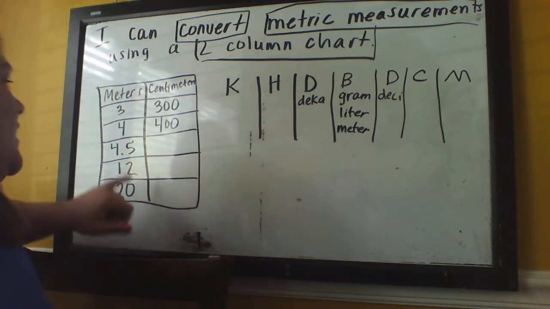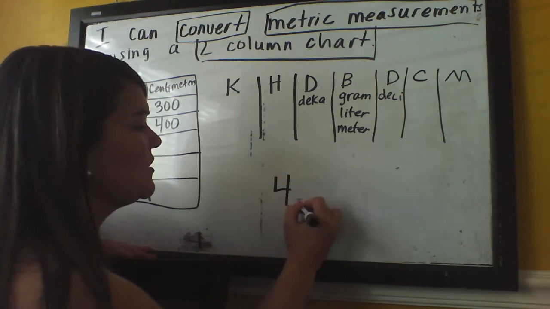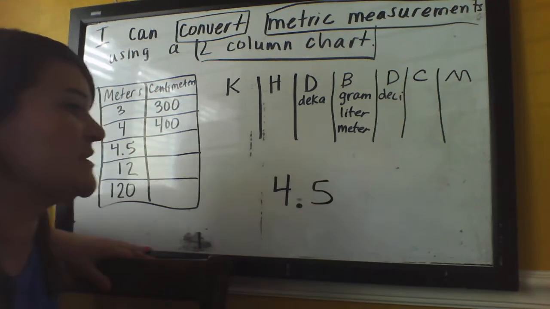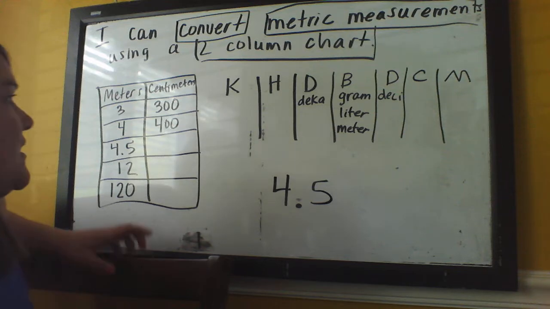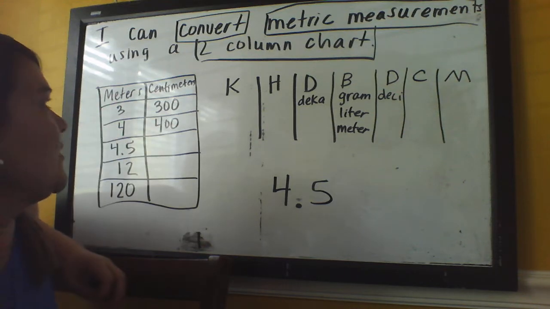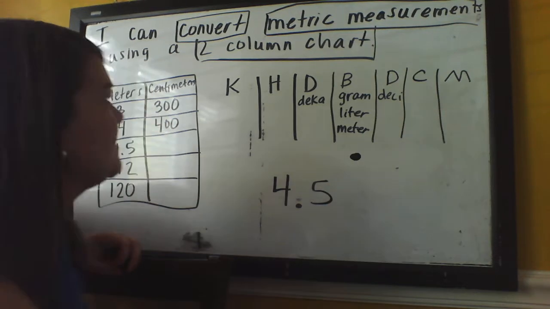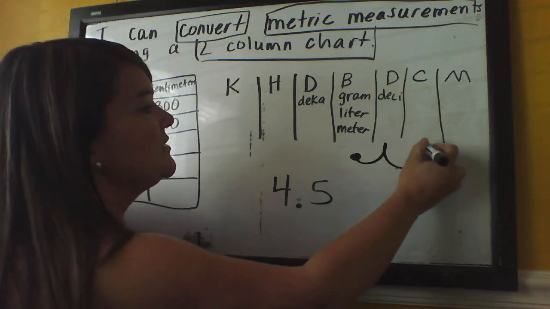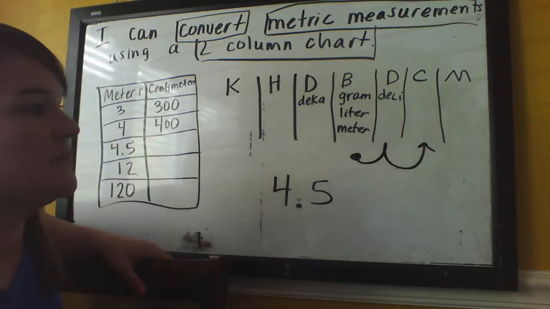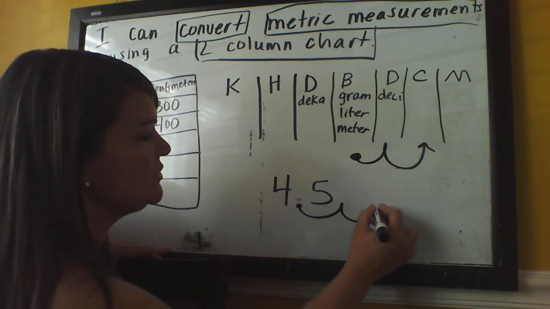And now it's 4 5/10. Since this number already has a decimal, I don't need to add one. Once again, I'm starting at meters. Meters is at the base. I put my dot right here at the base, and I'm still going to centimeters. So that's 1, 2 places to the right. So I move my decimal 2 places to the right. 1, 2.